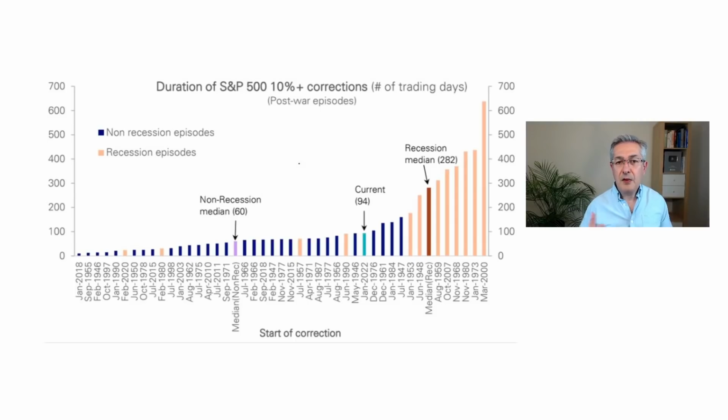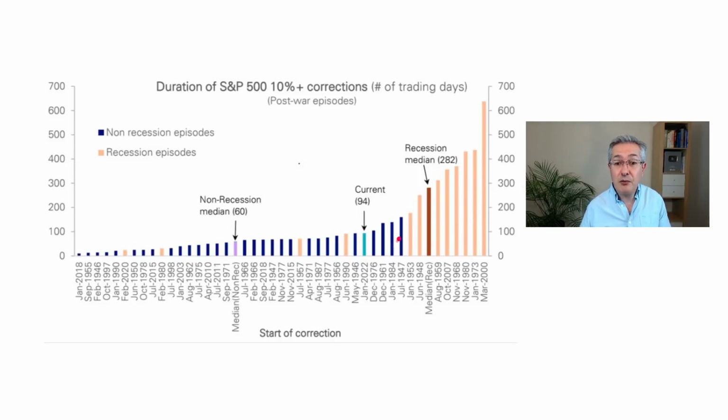One of the key drivers of the recovery time for stock markets after a crash is whether the country enters a recession. So this graph is taken from Deutsche Bank research, and it actually shows the time to recover depending on whether there was a recession or whether there wasn't. And this is for episodes where the fall, peak to trough, was 10% or more, which is called a correction.